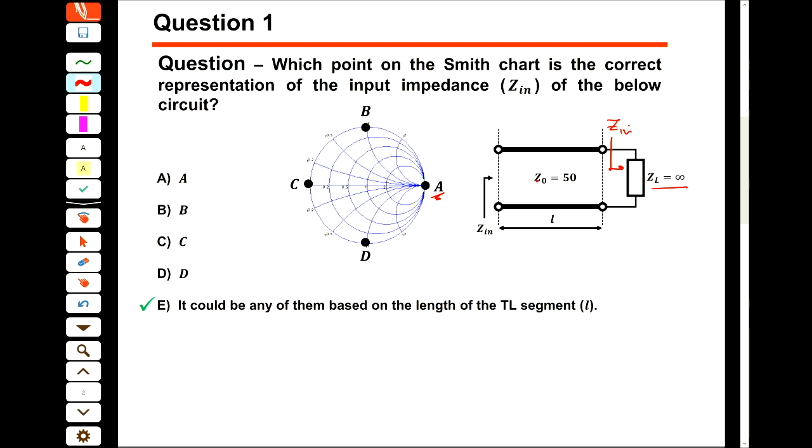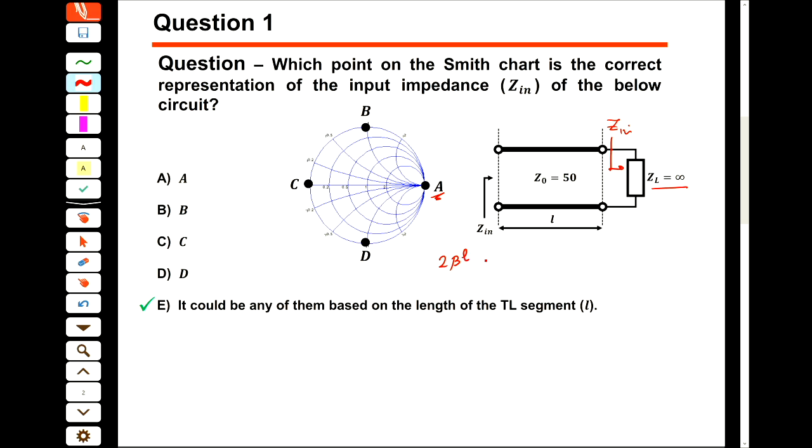But then we have a transmission line, and we said that this transmission line is rotating this point around the circle by 2 beta D, or 2 beta L actually.